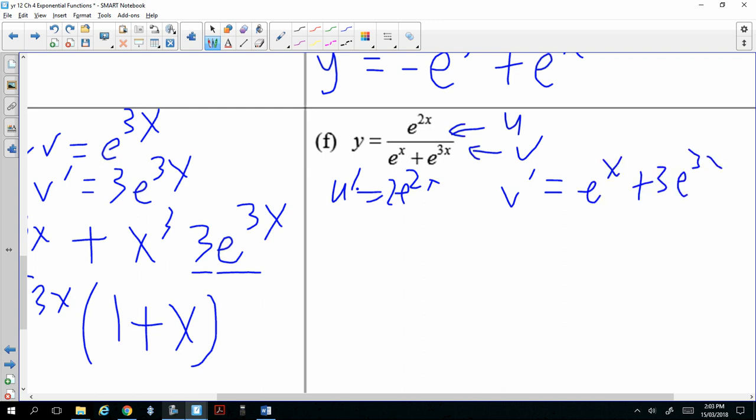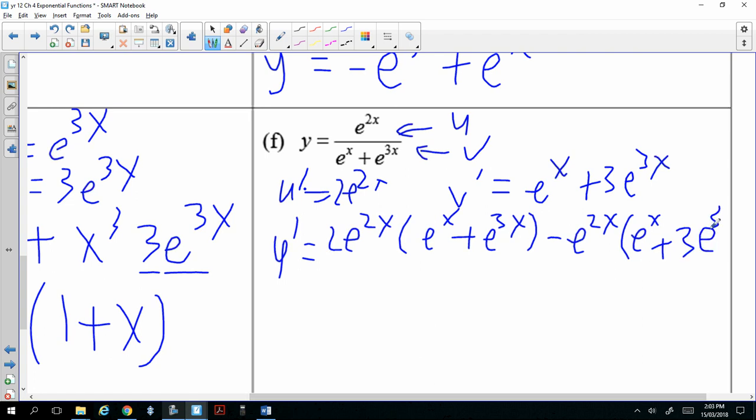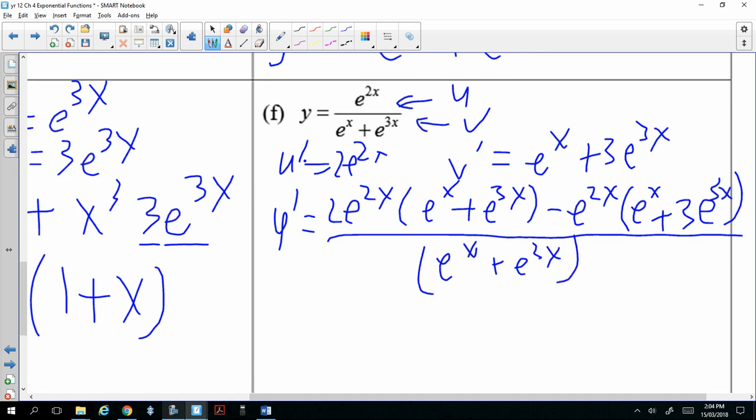Like that. And then you just use the quotient rule, which is equal to u dash v, v is this thing, minus u v dash, over the denominator square. So that one's pretty long. You can see the quotient rule can be very long. All right, now you just have to expand this.